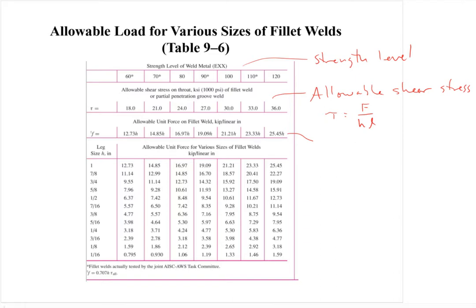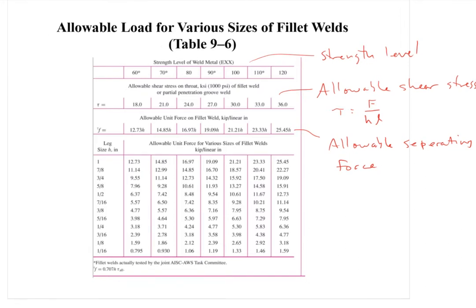Now the allowable unit force is given in kilopounds per linear inch. So this is the allowable separating force, and it's given in kip per linear inch.